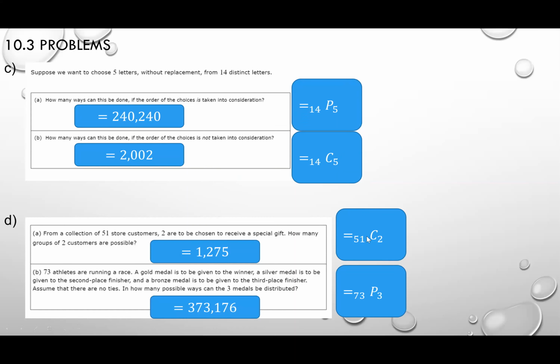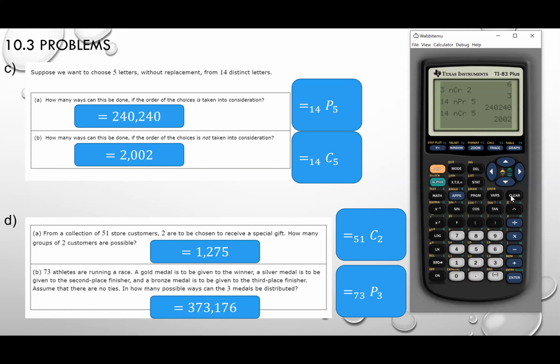If you can determine permutation versus combination, the calculation is not hard. You just say 51, in this case nCr because it's a combination, which is 51 choosing 2, where the order does not matter, then 1,275.